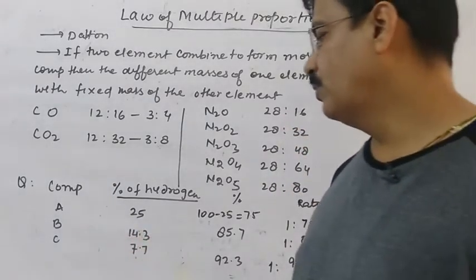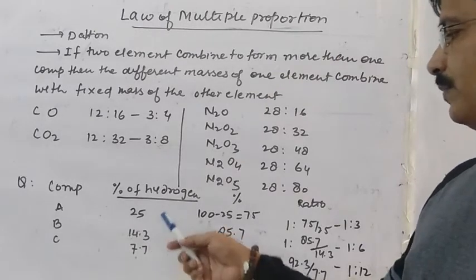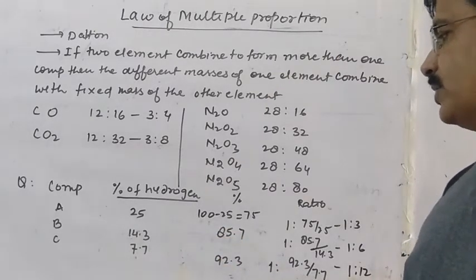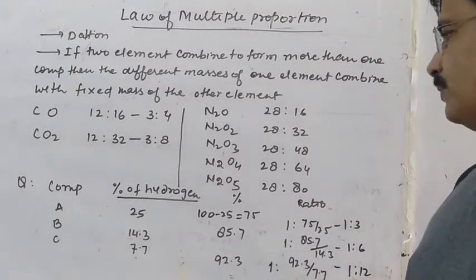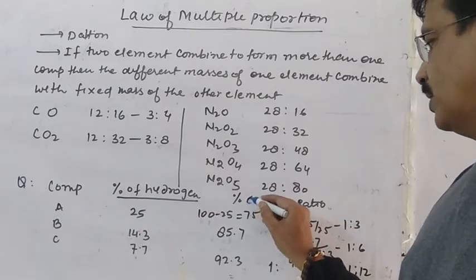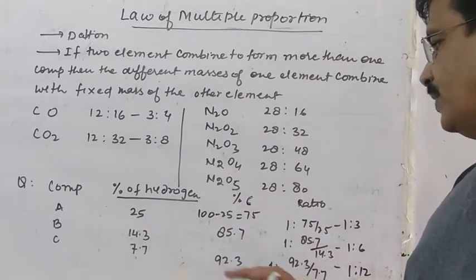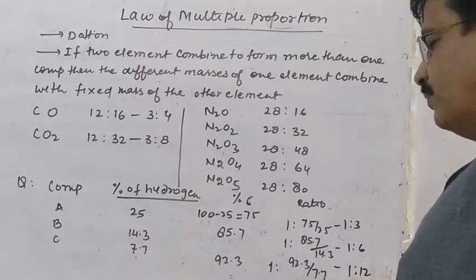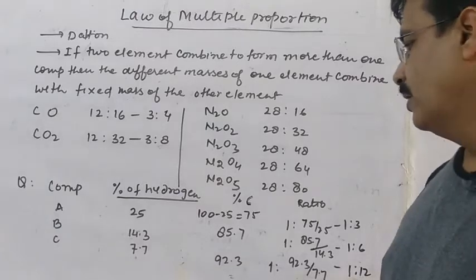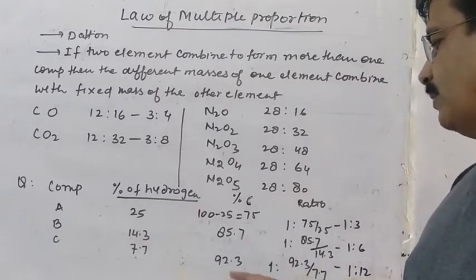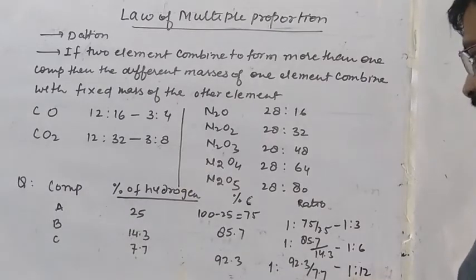Now let us see a numerical related to that. Compounds A, B, C have hydrogen percentages of 25, 14.3 and 7.7. So the percentage of carbon becomes how much? This is 100 minus 25, which is 75, then 100 minus 14.3, which is 85.7, and 100 minus 7.7, which is 92.3.